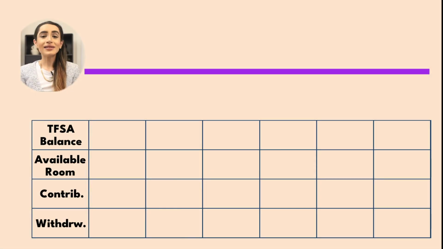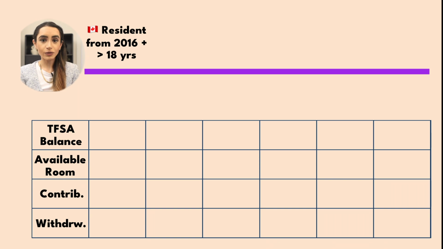To illustrate this, continuing from the previous example, let's say you became a Canadian resident in 2016 and you were above 18 at that time. Assuming you have never made any contributions into your TFSA, on January 1st, 2023, your available TFSA contribution limit is $47,000.